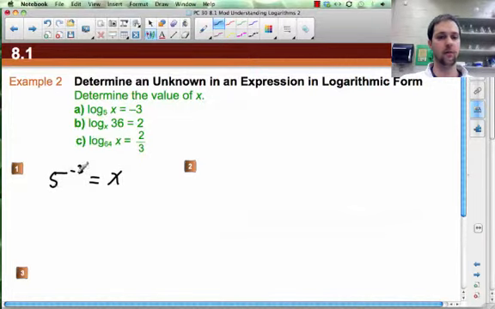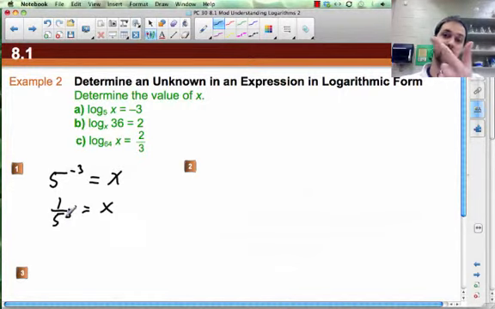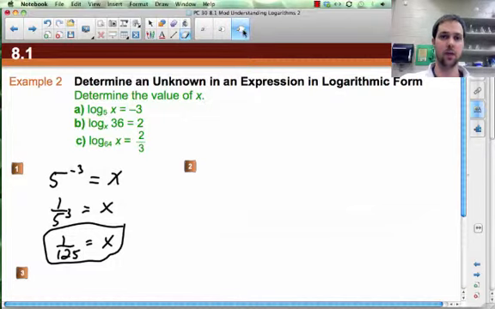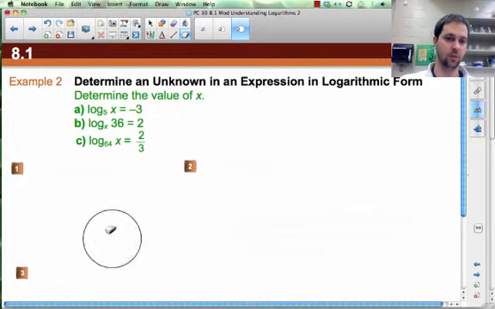Now, 5 to the minus 3 is the same as 1 over 5 cubed equals x. 5 cubed is 5 times 5 is 25, times 5 is 125, so 1 over 125 is x, and that's your answer. So let's take a look at the next one.